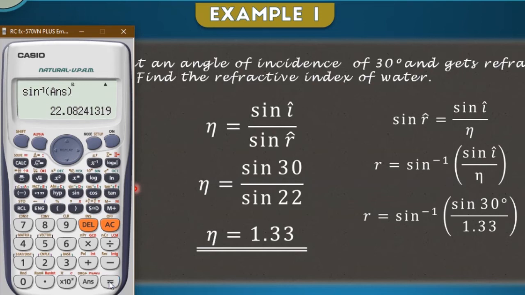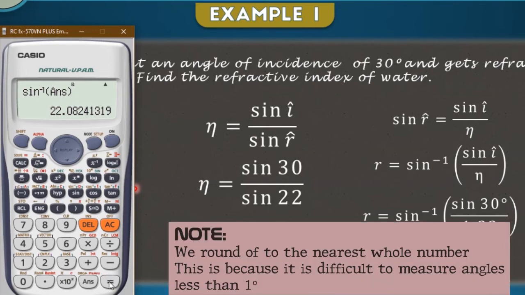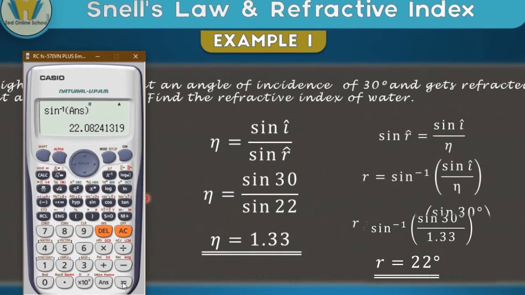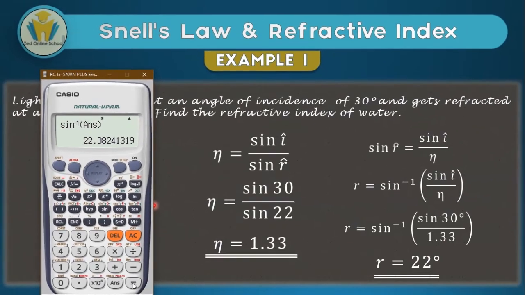So I'm going to hit equals, and as you can see, my answer is 22.08, which is very close to 22 degrees. It's very difficult to measure 0.1 degrees, so this angle we found is very good and accurate for our answer. Now let's try to do another example.